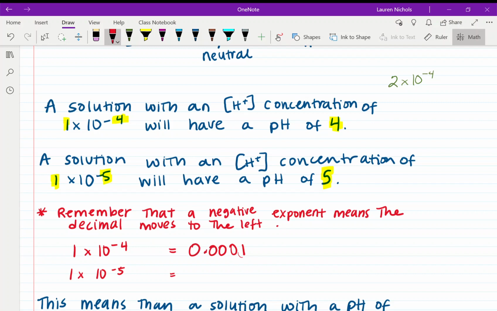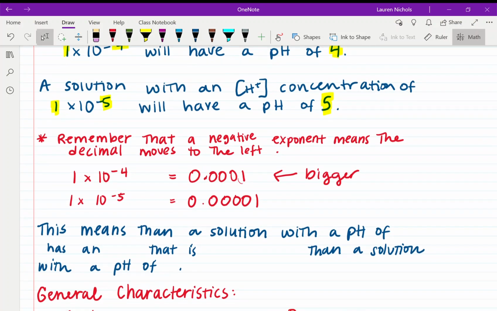So that would be 0.0001 moles of H+, whereas 1 times 10 to the negative 5 would be 0.00001, moving the decimal 5 places over. And so that means that this number here is actually the bigger number than 1 times 10 to the negative 5. Even though the number 5 is bigger, a larger negative number actually means that it's small. So keep that in mind.